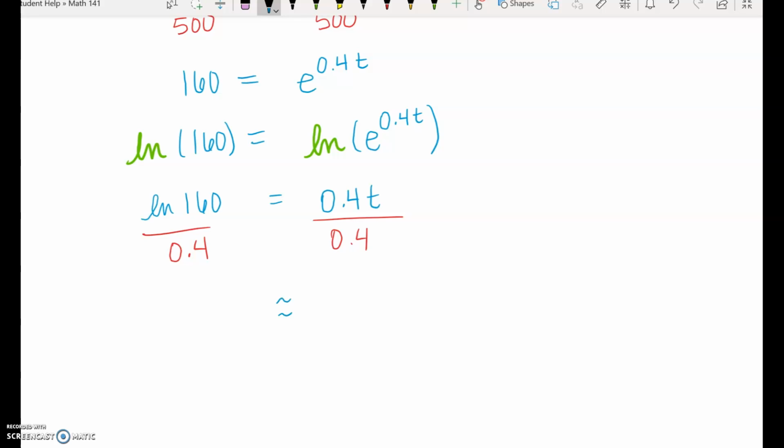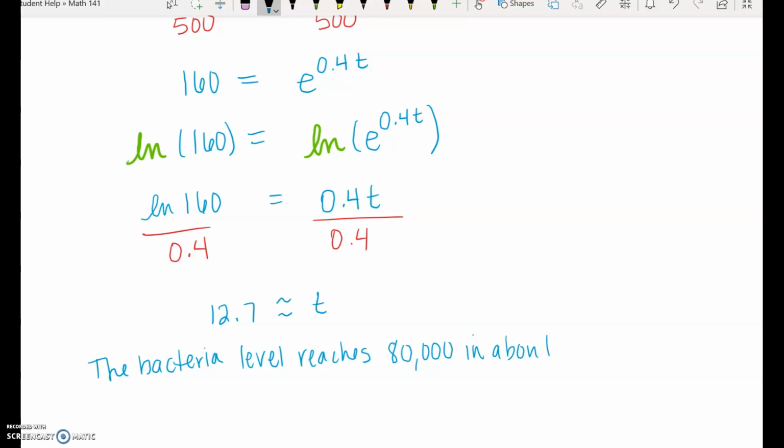So if you plug this into the calculator, you're getting that t is approximately 12.7. So that means that the bacteria level reaches 80,000 in about 12.7 hours.